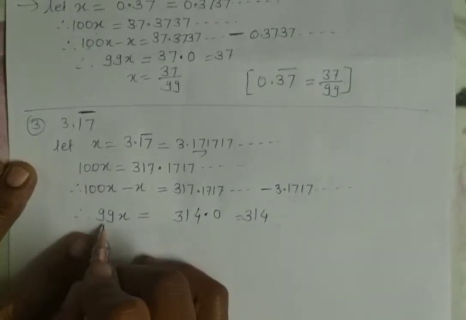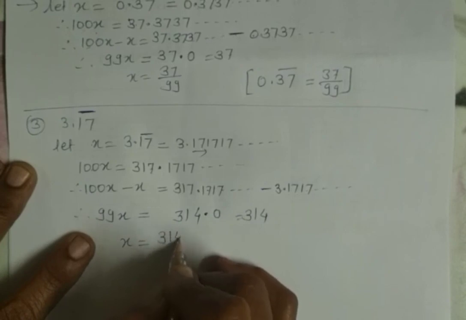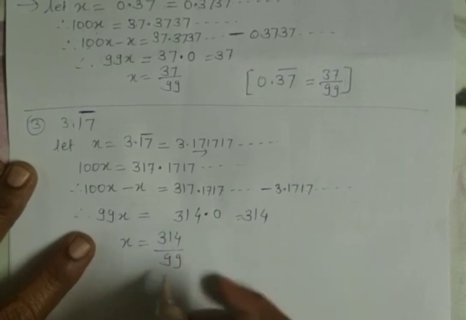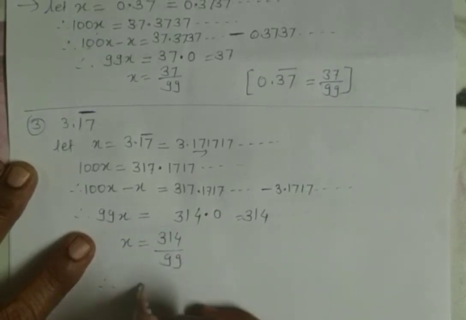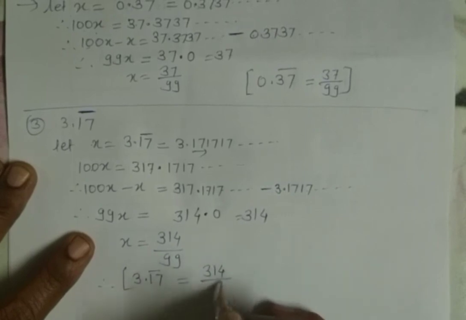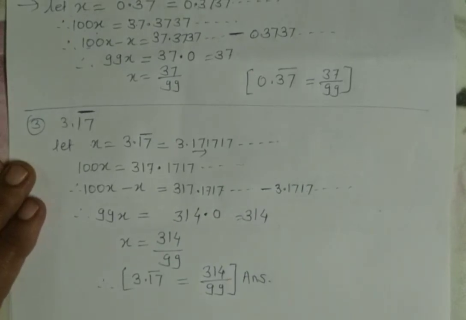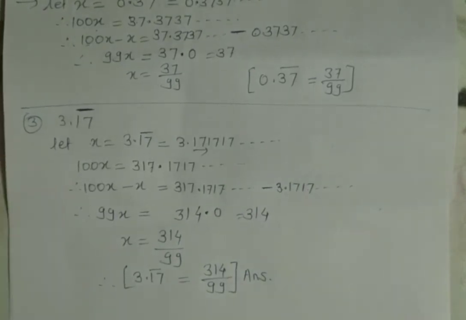Now transfer this 99 which is multiplying to the right side, and we get x is equal to 314 divided by 99. So the answer is 3.17 recurring is equal to 314 upon 99. And in this way we solve the examples in practice set 2.3.